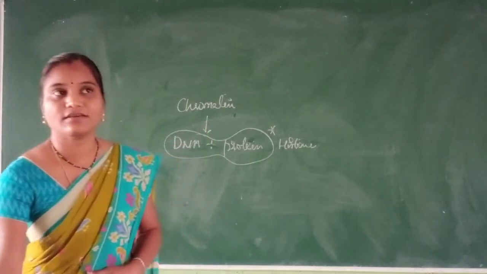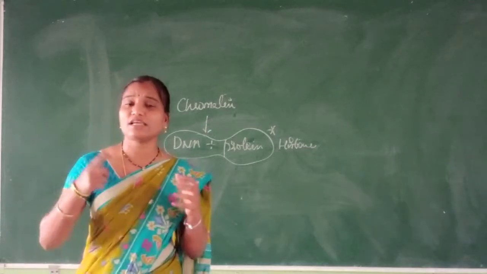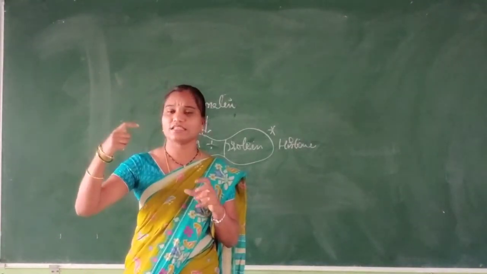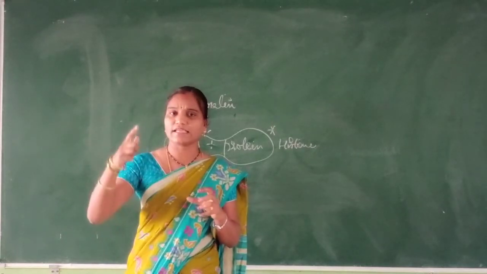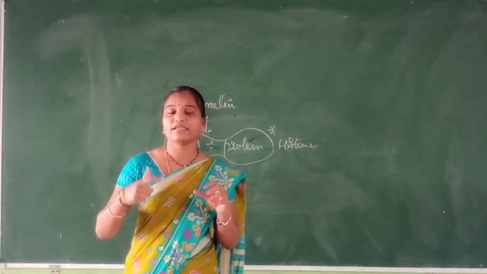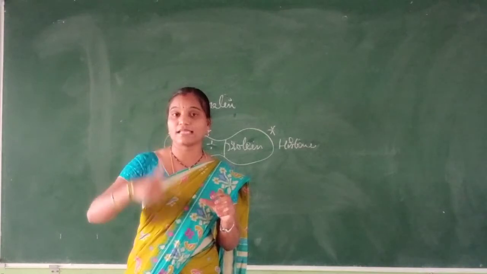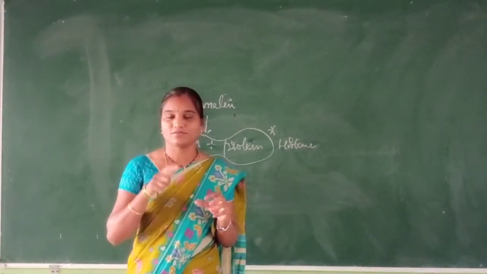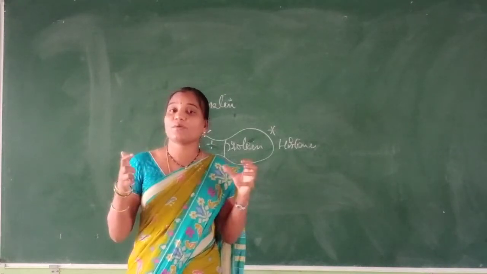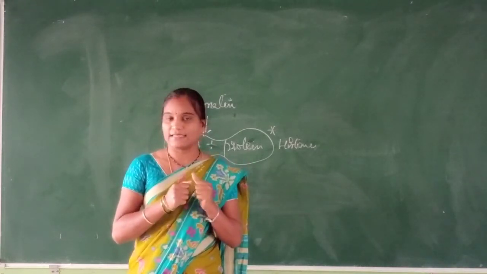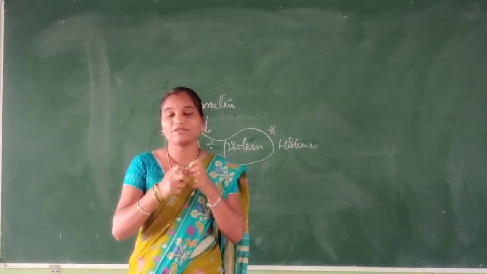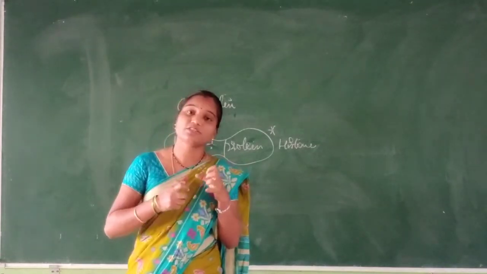There is a saying that the DNA in our cell is so long that its length would stretch from earth to sky. So that much DNA should be packed inside your cell, isn't it? How will you condense this DNA, how will you pack it in your cell?